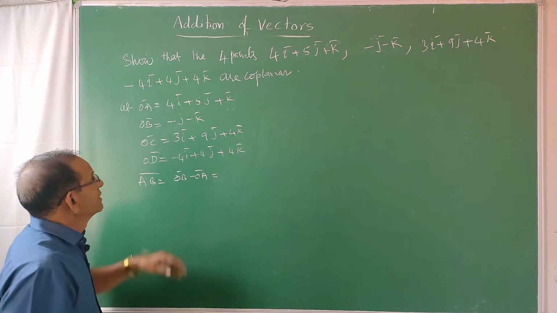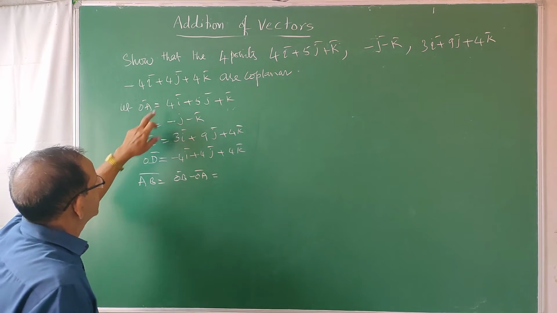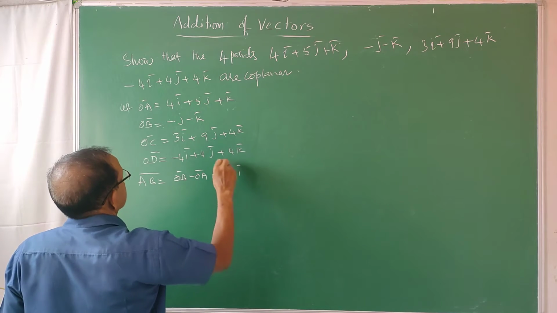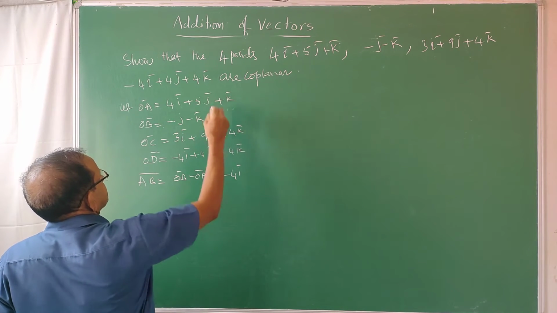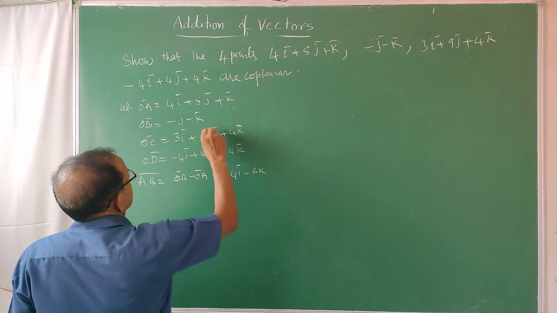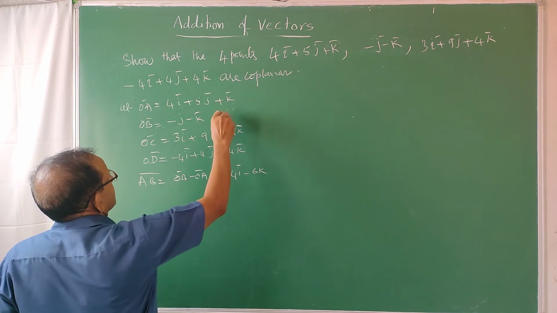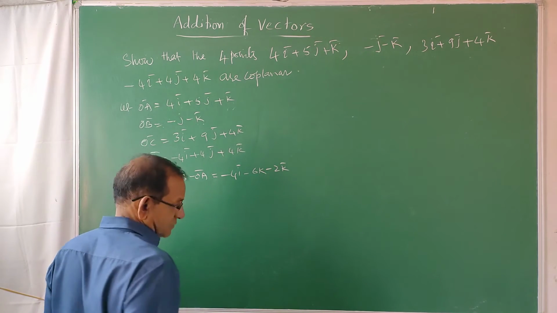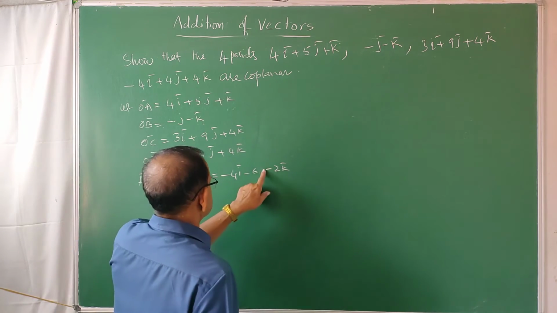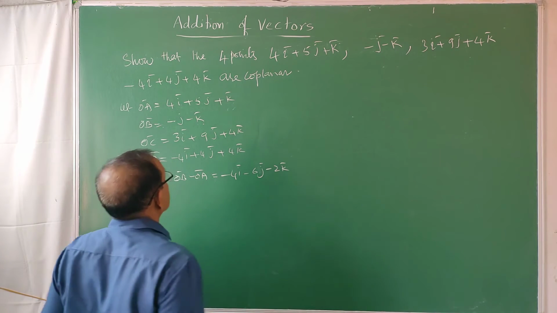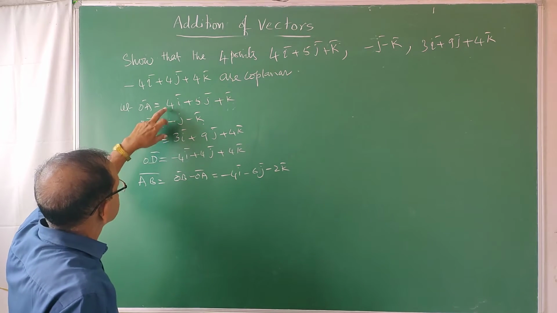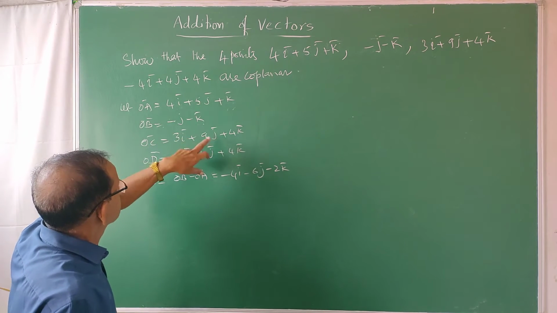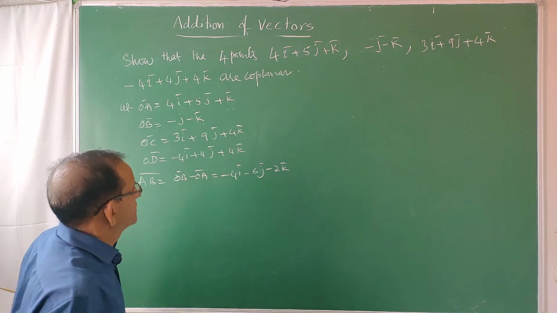This minus this: no i, so 0 minus 4 into i bar, minus 1 minus 5 is minus 6 j, and minus 1 minus 1 is minus 2k bar.